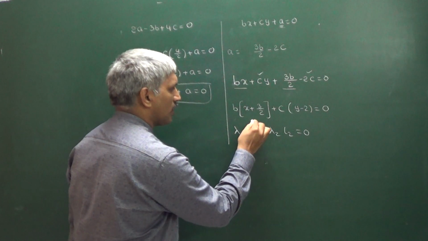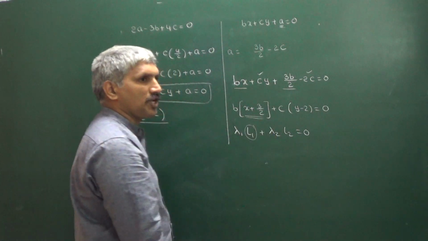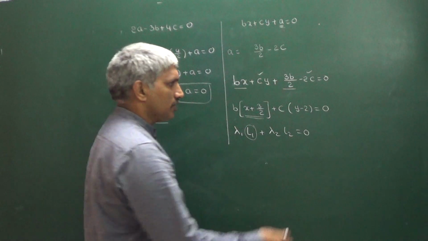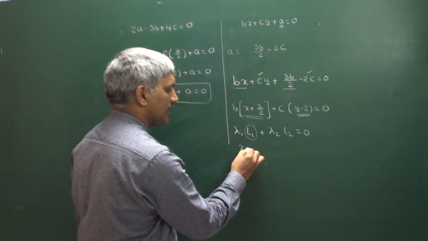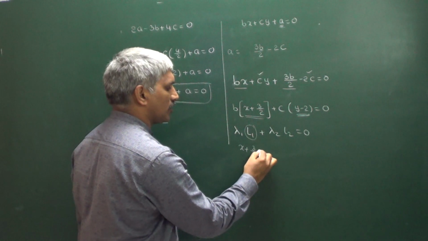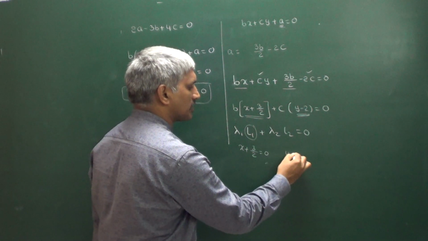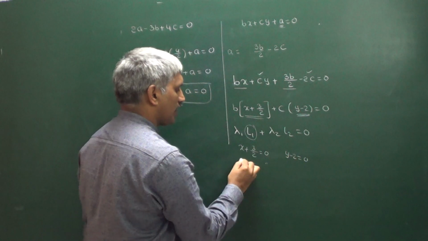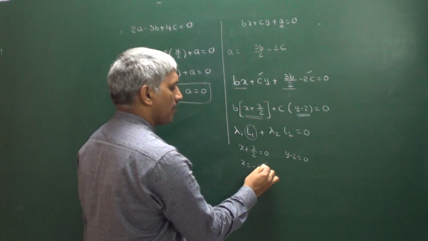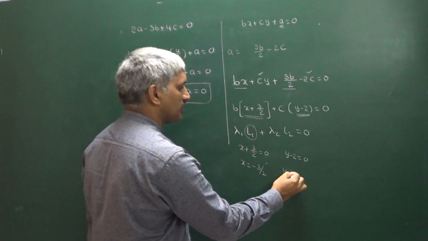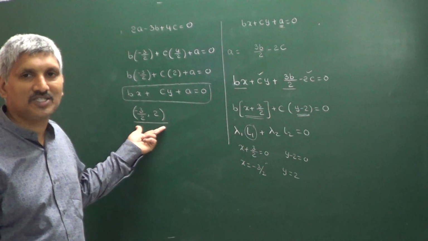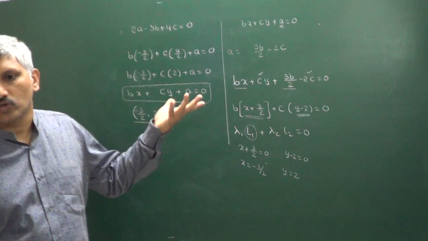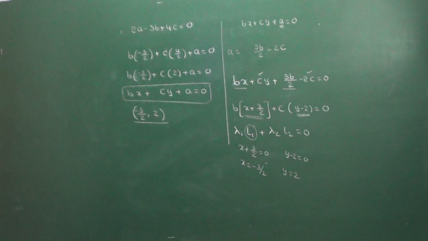L1 is x plus 3 by 2 is equal to 0, and L2 is y minus 2 is equal to 0. Therefore, we will get x is equal to minus 3 by 2 and y is equal to 2. That is the reason we got the same (-3/2, 2). So, another way of doing the same question.